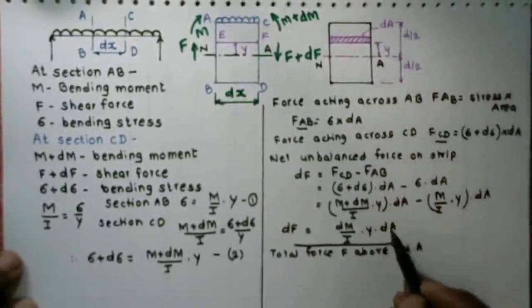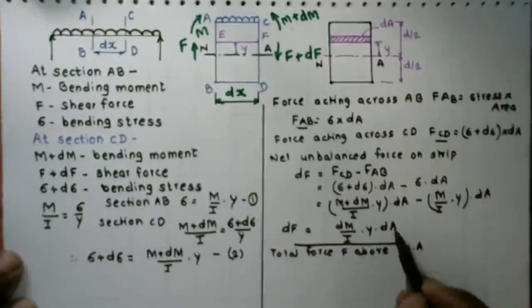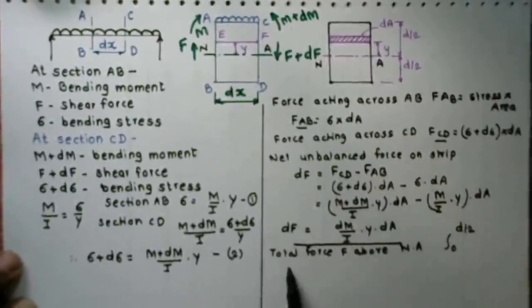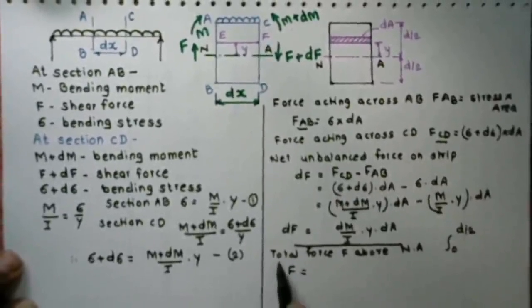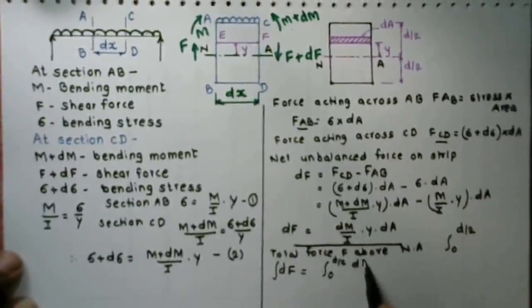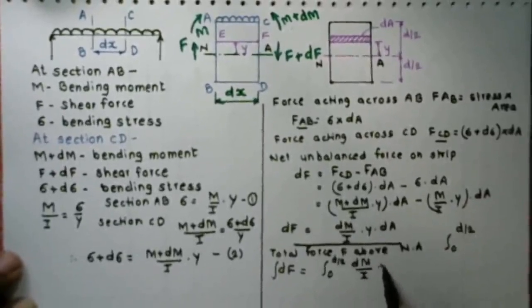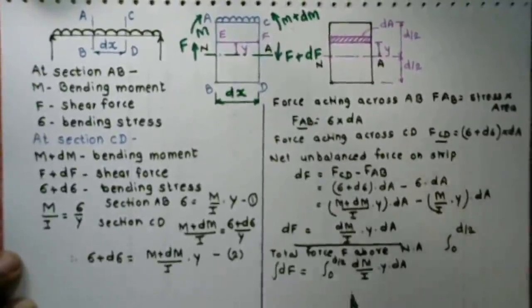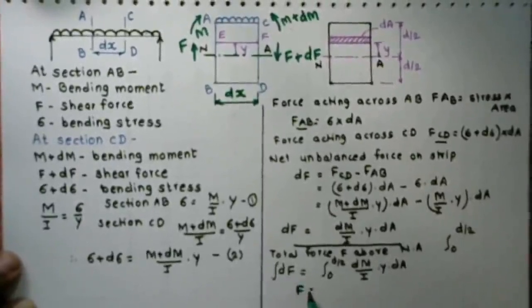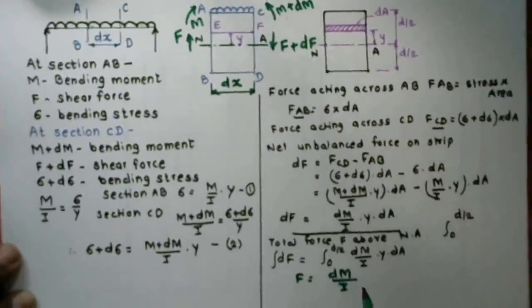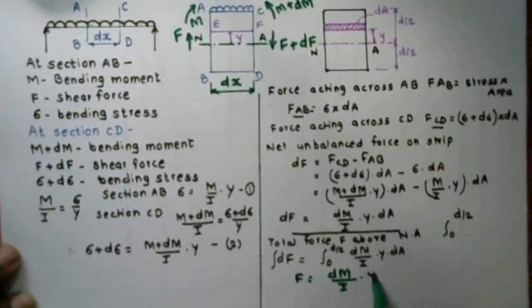So we integrate this equation between 0 to d by 2: F is equal to the integral of dM upon I into y into dA.